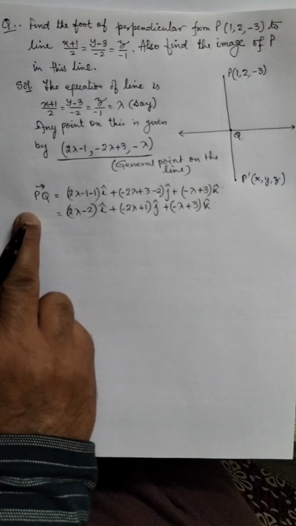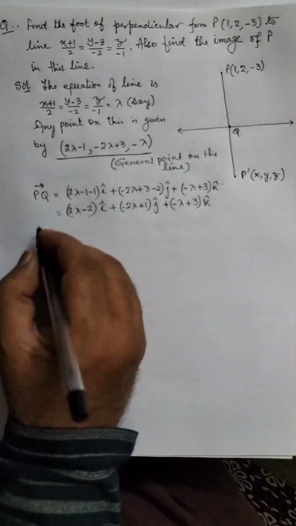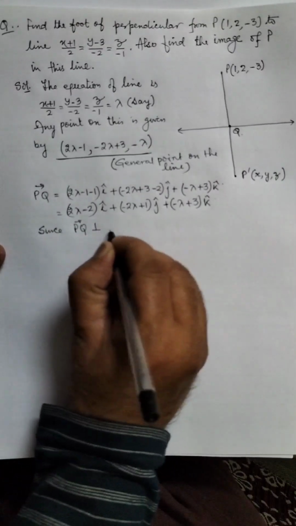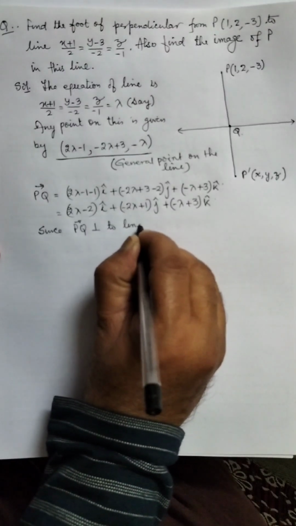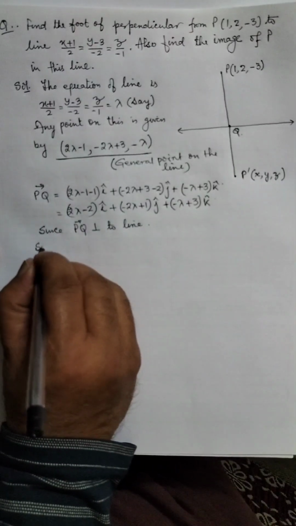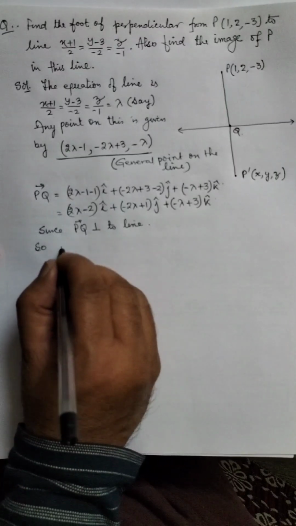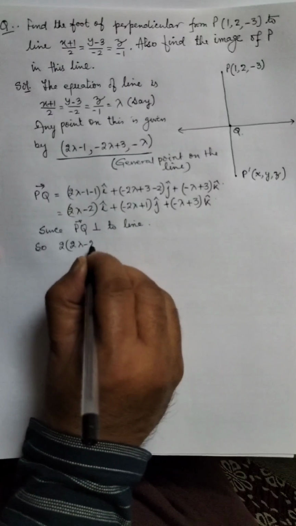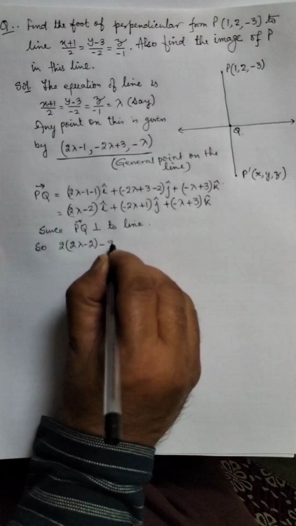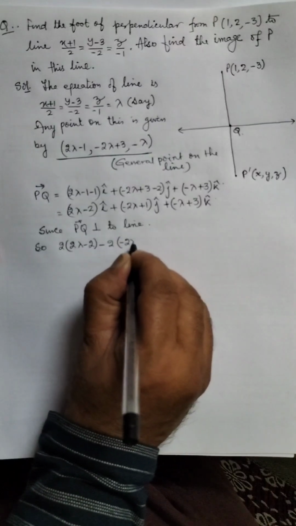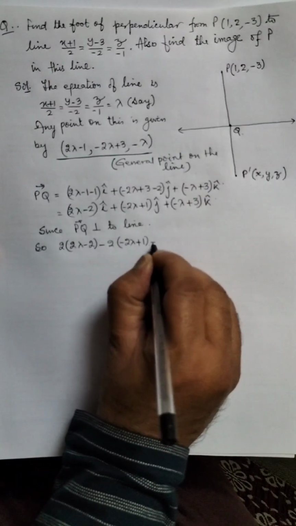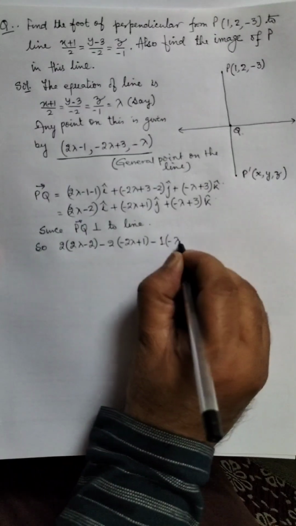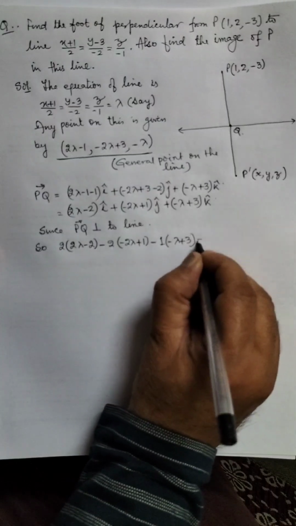Now, since vector PQ is perpendicular to the given line, we have 2(2 lambda - 2) - 2(-2 lambda + 1) - 1(-lambda + 3) = 0.